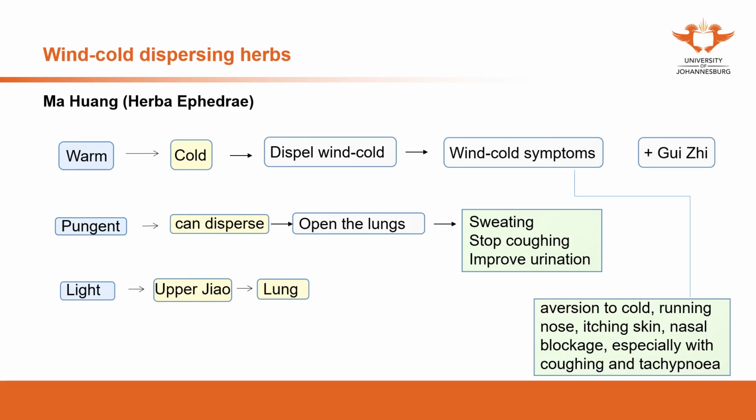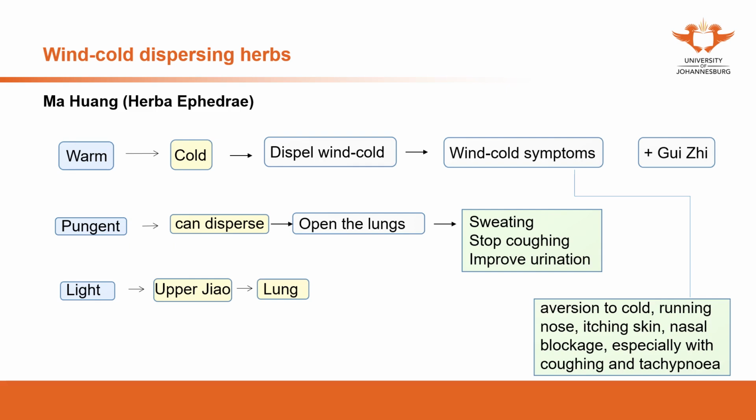Mahuang also can be used in coughing and tachypnea. In this situation, we may add Xingren, the bitter almond seeds, to assist Mahuang to relieve the coughing and tachypnea. Mahuang also can be used in edema and difficult urination. The reason is because Mahuang can open the lungs.